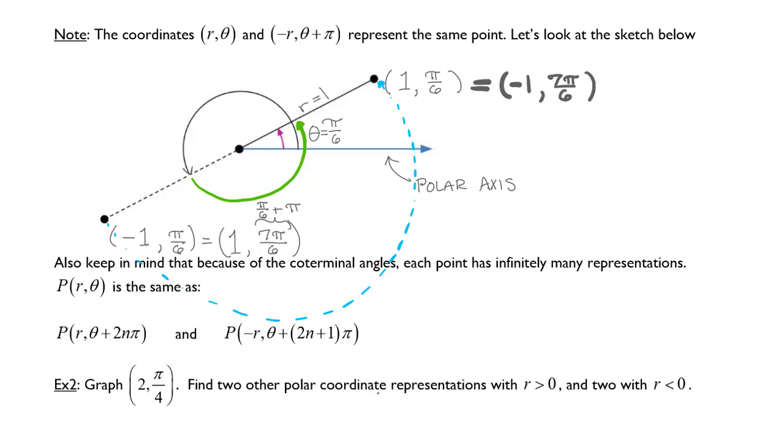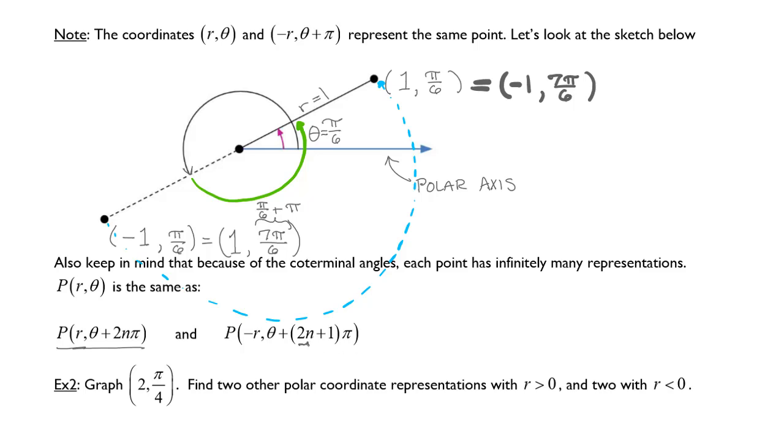So the point r, theta is the same as r, theta plus 2n pi, and the point negative r, theta plus (2n plus 1) pi.